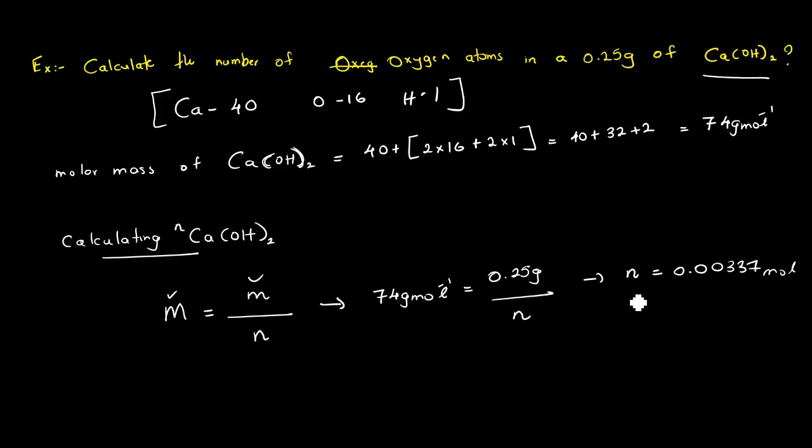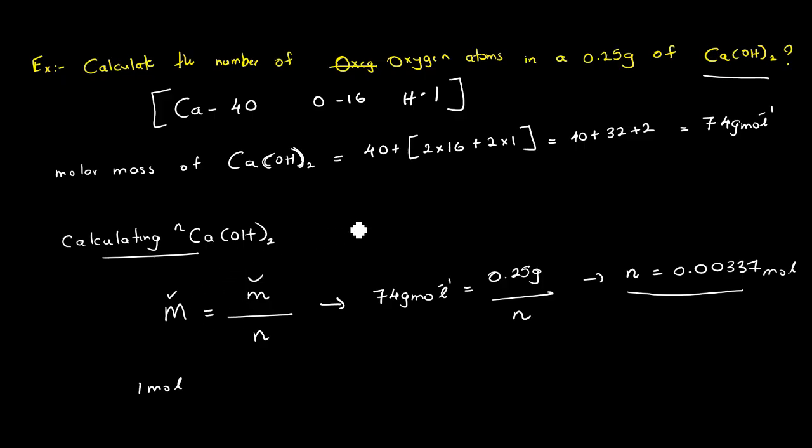Now you look at this one. We have calculated the number of moles, but not for the oxygens, right? We have calculated the number of moles for calcium hydroxide. So if you take 1 mole of calcium hydroxide, you will see there are 2 times of oxygen in it.